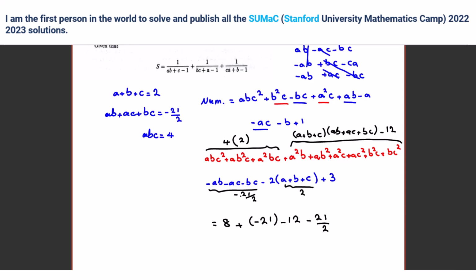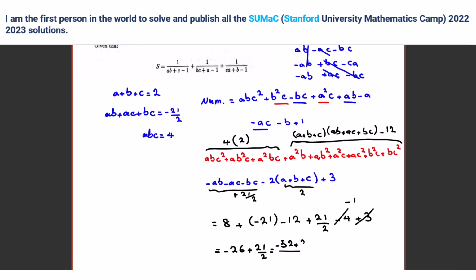But here, because it is minus, it would be plus, right? Plus 21 over 2 here becomes negative 21. Minus 4 plus 3, right? Oh yeah, there's a plus 3. So okay, negative 1, 8 minus 12, negative 4, negative 25, negative 26, plus 21 over 2, right?